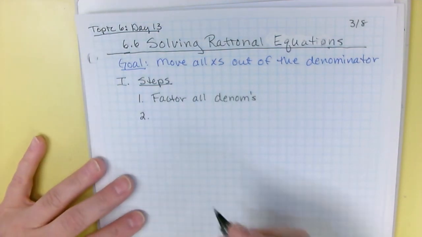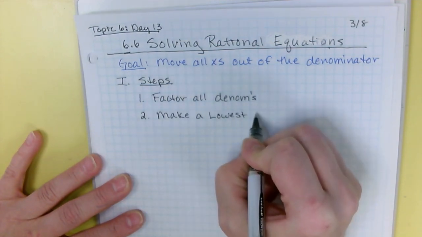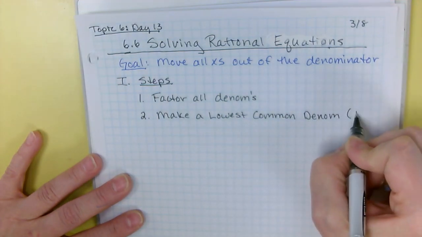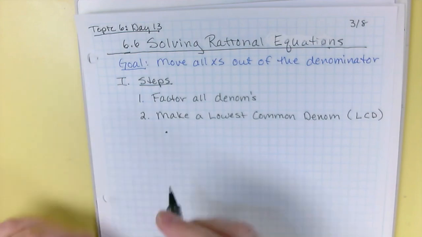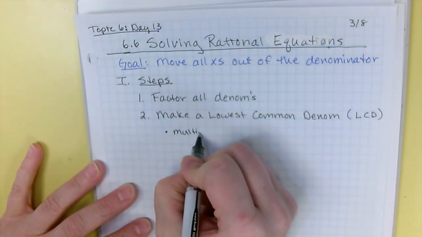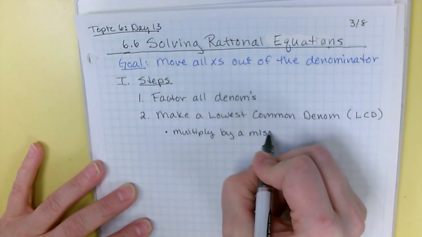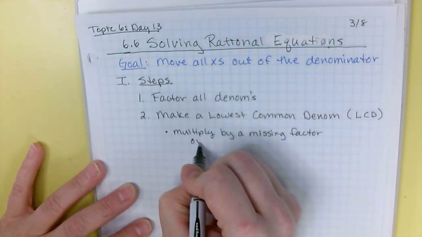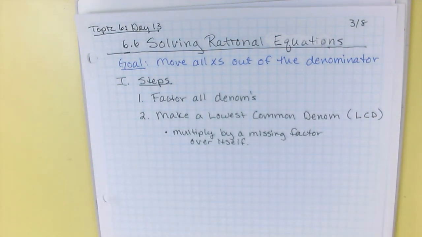Step 2, you're going to make a lowest common denominator. The abbreviation for that is LCD. You do this by multiplying by a missing factor over itself.